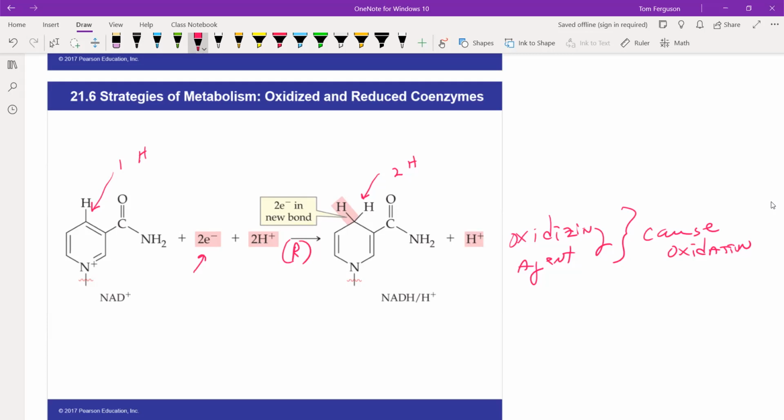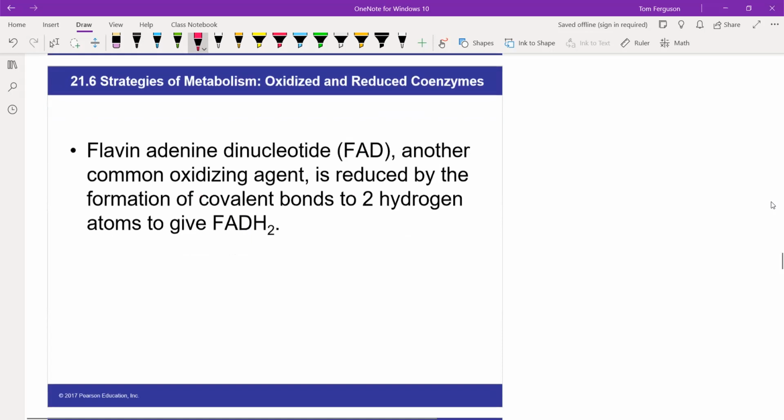So that would be an oxidation reaction. The weird thing about oxidation reduction is an oxidizing agent is being reduced. A reducing agent is being oxidized. A lot of students get really confused on those.